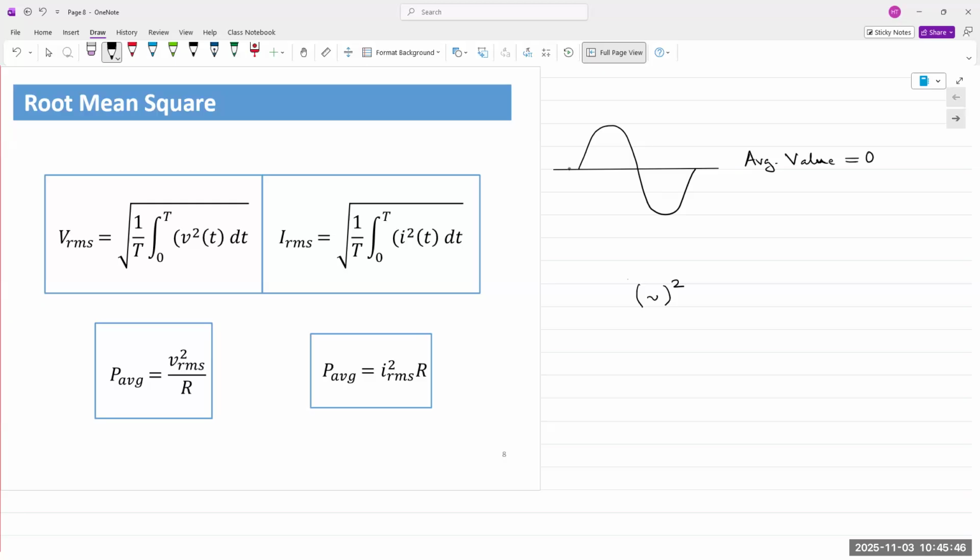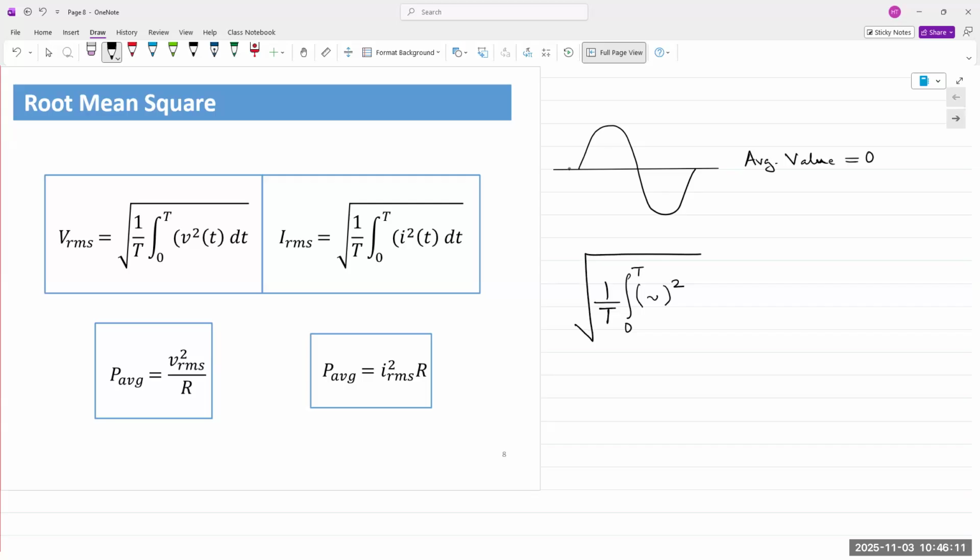And so take the average: you integrate over one time period and divide by the number of cycles, meaning the time period. And because we took the square at the beginning of our calculation, at the end we will now take the square root.